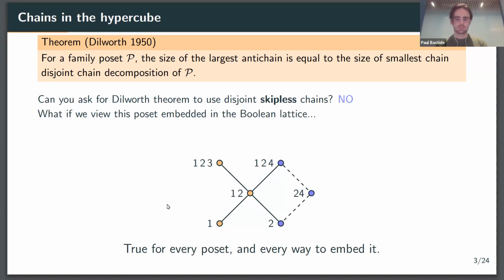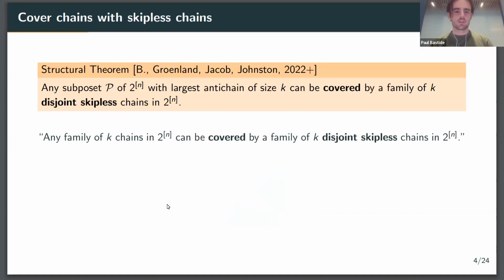And it happens to be true for every poset and every way you want to embed it in the Boolean lattice. Okay. So that's just what's right in here, and that's our structural theorem. It can seem natural, but we'll see later that it implies quite a lot of strong things. So there are two ways of saying it. How I presented it just now is saying any subposet of the Boolean lattice which has largest antichain of size k can also be covered in the Boolean lattice by a family of disjoint skipless chains.